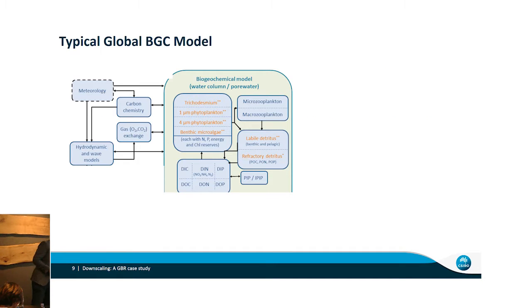Okay, so process representation. So this is your classic intermediate complexity pelagic biogeochemical model. You can think of it as having a phytoplankton component that's linked to a nutrient component. We then have zooplankton and detritus, and each one of these arrows here represents a process that transfers mass between each of these components.